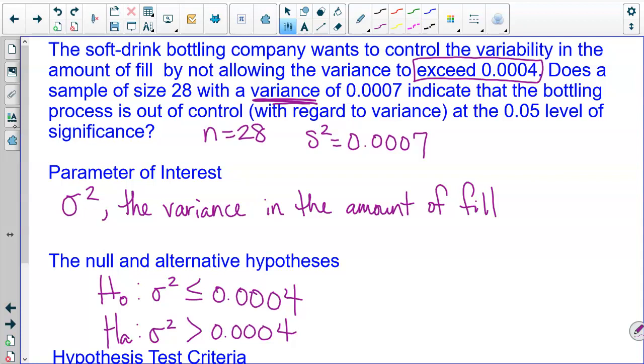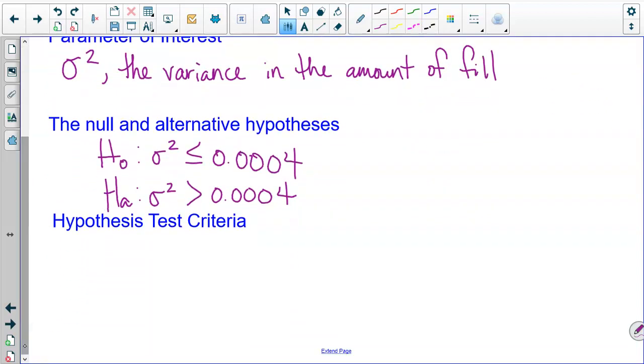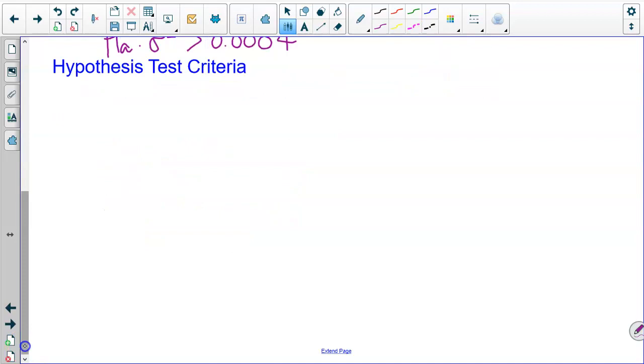Did you catch it from the page before? On this one, it says they want to control variability. Would you think it would have a normal distribution? Good.